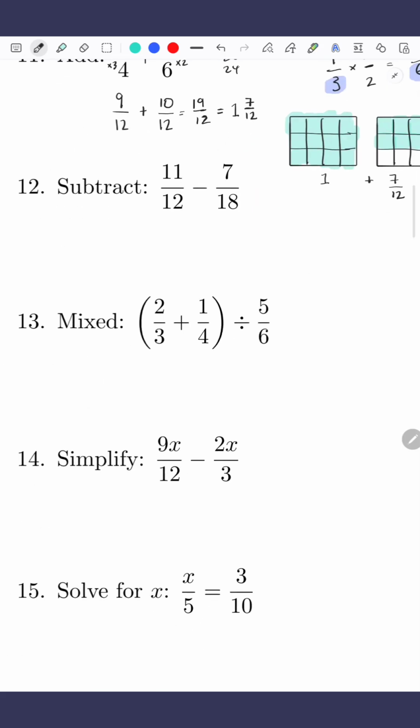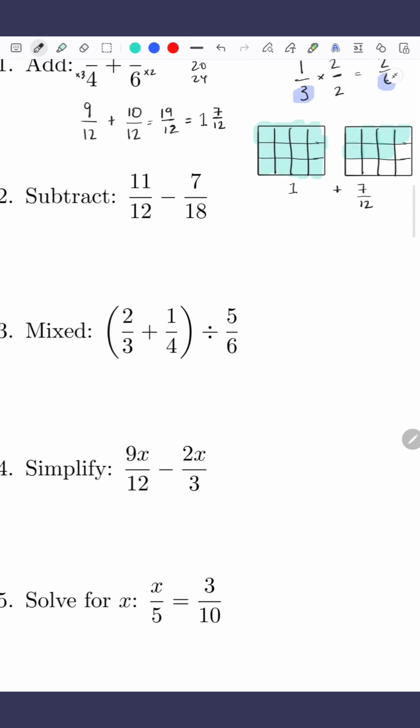Awesome. Subtract. So we can't subtract these unless they've got the same denominator. So what we'll often find, rather than messing around with the 12 times table and the 18 times table, is that sometimes it's easier to just do 12 times 18. Now, if you do 12 times 18, it means that they are both factors of the product.